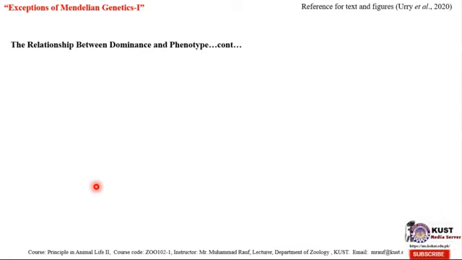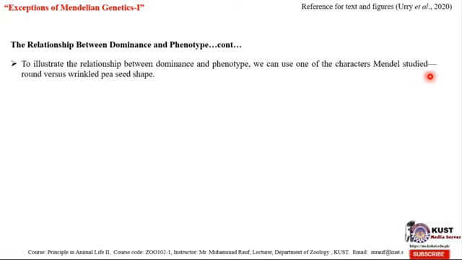Now, to illustrate the relationship between dominance and phenotype, we can use one of the characters Mendel studied, round versus wrinkled pea seed shape. Now, why do we call an allele dominant and why do we call an allele recessive?